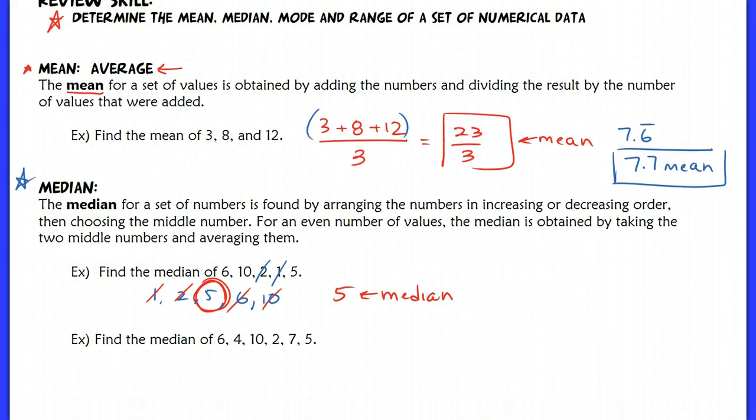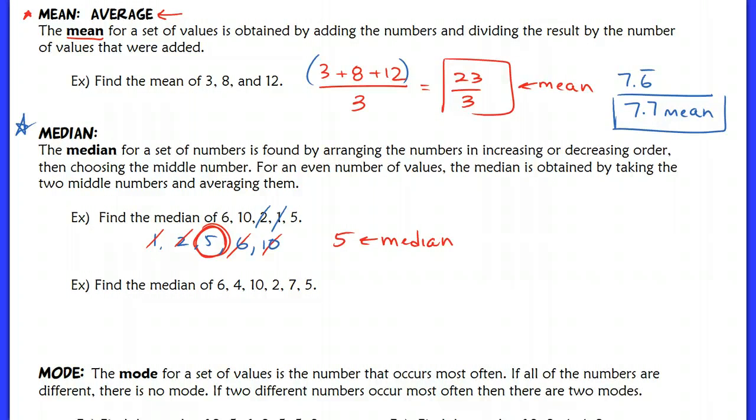Now in this next example, let's do the same thing. It says to find the median of a different set of numbers, and we're just going to reorder them. So I'm going to start with 2, then 4, then 5, 6, 7, and 10. Now when I use my trick, and I cancel out these 2 ends, go ahead and cancel out the next 2, I end up with 2 numbers in the middle, not just 1.